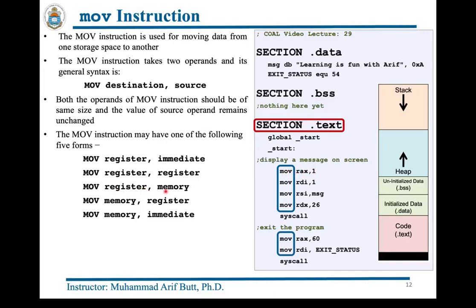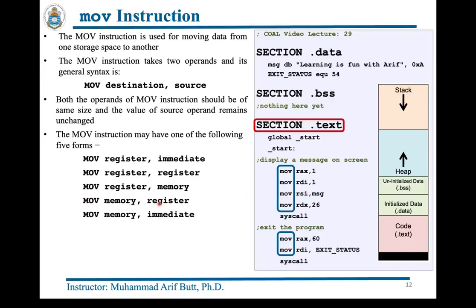Move register comma memory, if you want to move the memory contents to a register, you use this format of the move instruction. Message is a memory location, so the address of that memory location will be moved to RSI. So this move register memory is related to this part of the instruction.